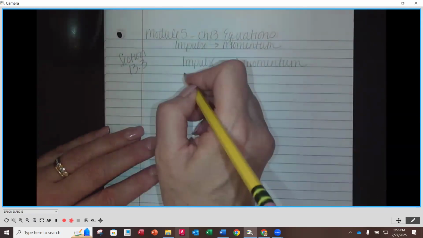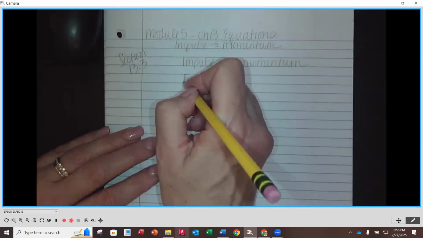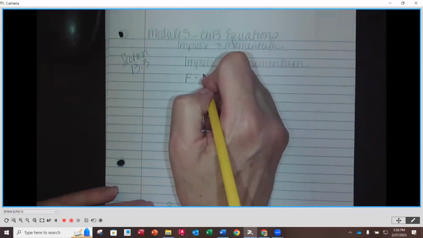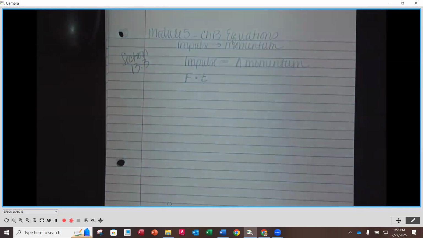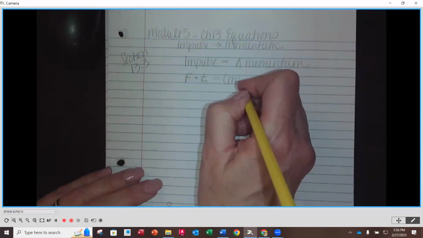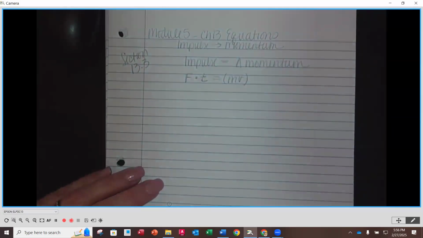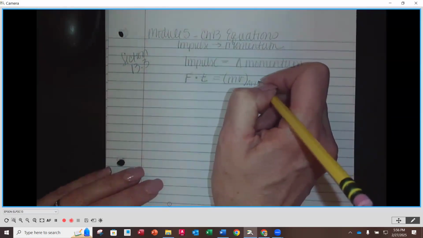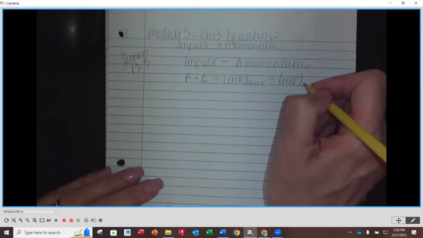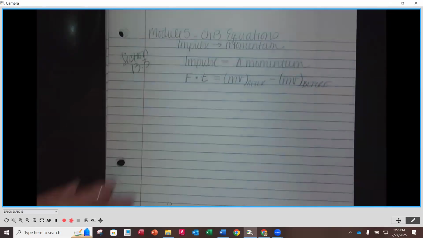But impulse is calculated simply using force multiplied by the amount of time that the force is applied to the body. We set that equal to mass times velocity, which is the momentum after, so kind of like final, after the impulse is given, minus the momentum before. So that's the change in momentum.